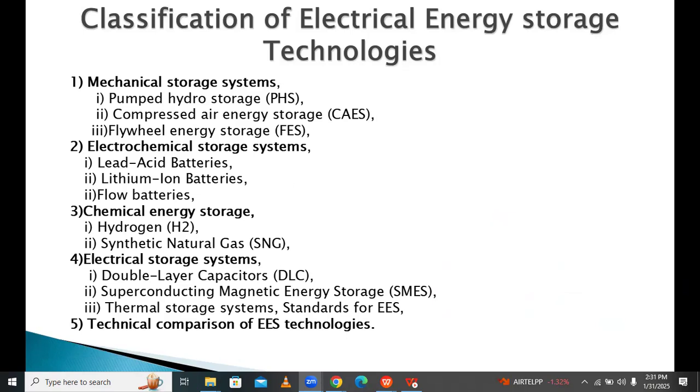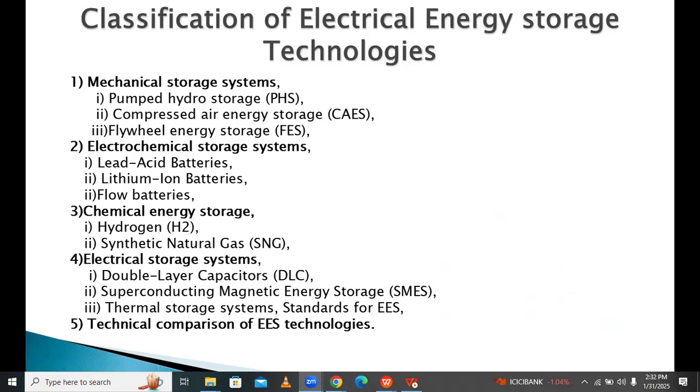Then, coming to them one by one, according to our JNTUH syllabus, the main important concepts are pumped hydro storage systems, high efficiency batteries like lead acid and lithium ion batteries, double layer capacitors, and superconducting magnetic energy storage systems. These are the important concepts under Unit 3.